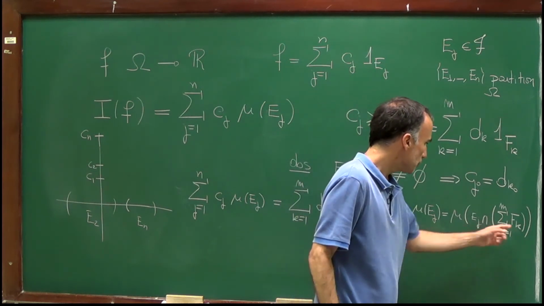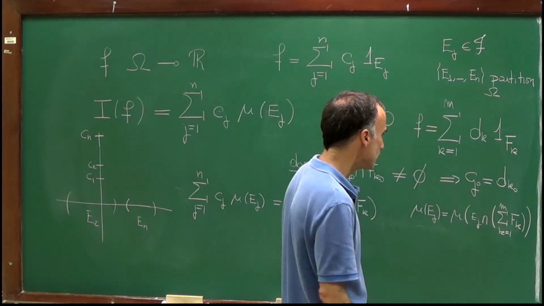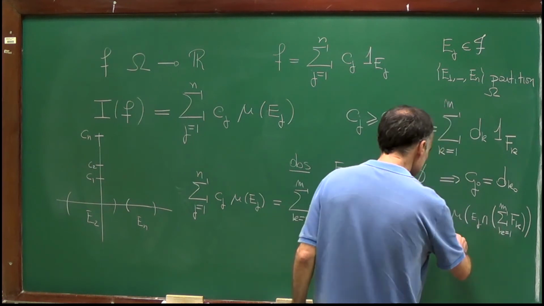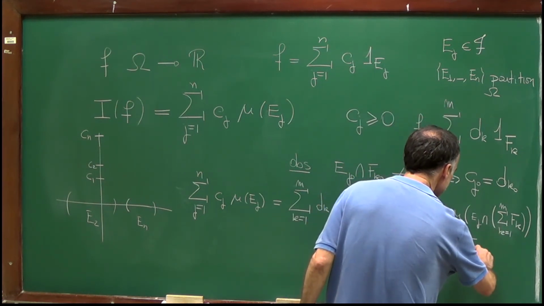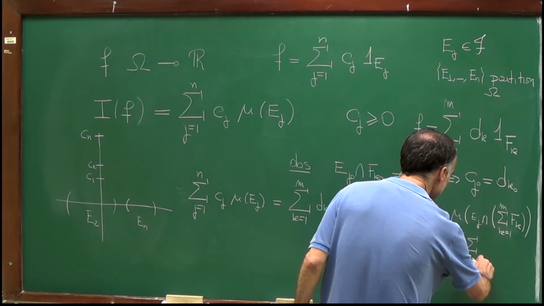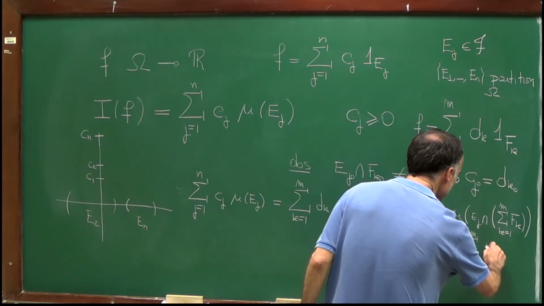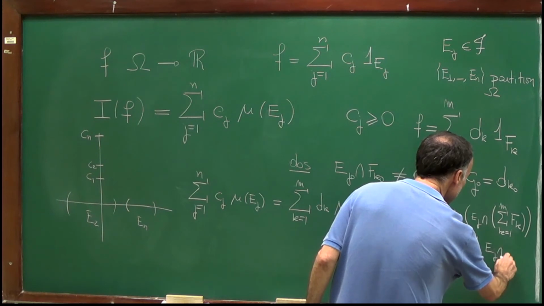So let me distribute the intersection through the union. So this is equal to mu of the union from 1 to m of Ej intersection Fk.